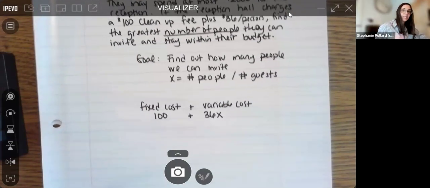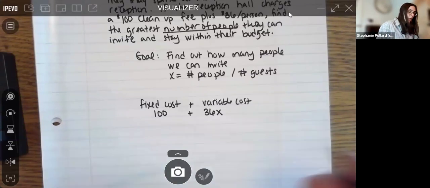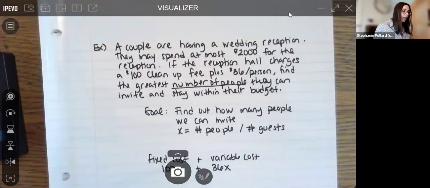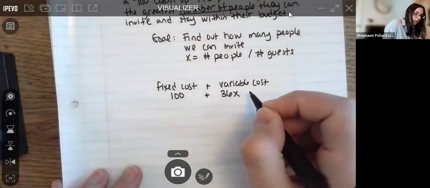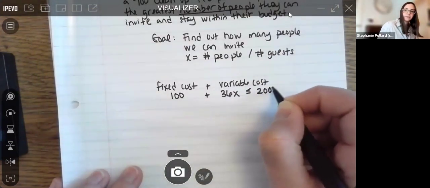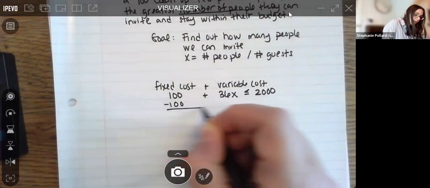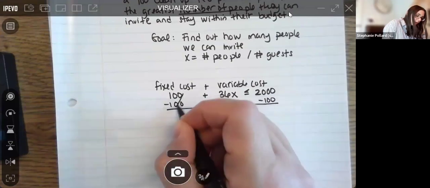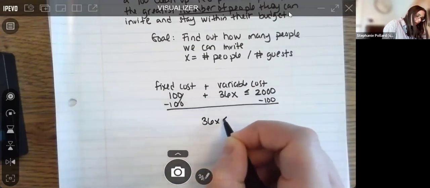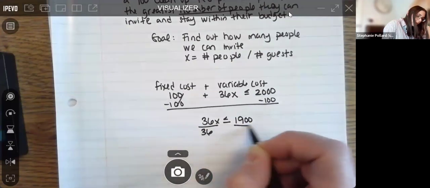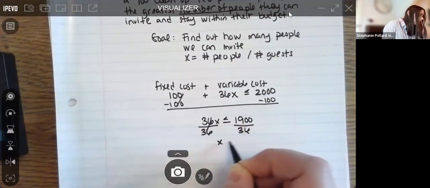And our overall budget is $2,000. So that is, we can spend at most that. So that's our upper limit. That means that we have to be less than or equal to 2,000. So I'm going to start by subtracting 100 from both sides. I'm going to divide both sides by 36.